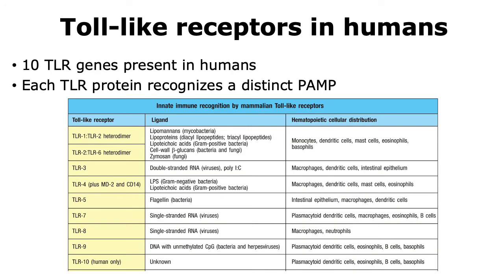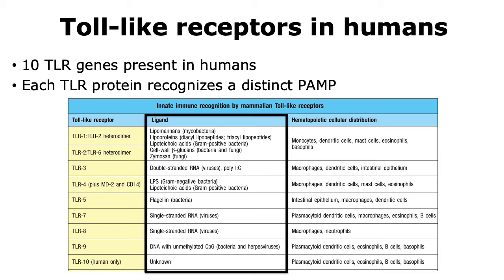In the case of humans, there are 10 TLR genes, and each TLR protein that arises from these genes recognizes a distinct PAMP. So here we can see the different toll-like receptors that are found in humans, including other mammals. And they all are able to identify distinct pathogen-associated molecular patterns from bacteria, viruses, and even fungi.